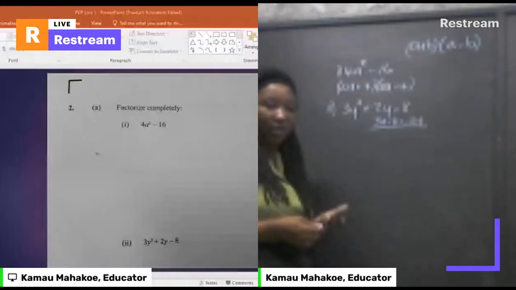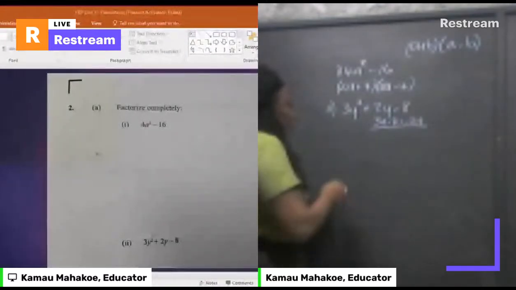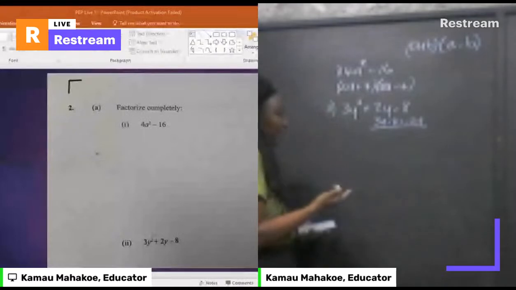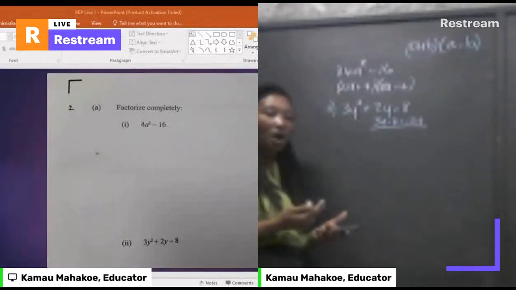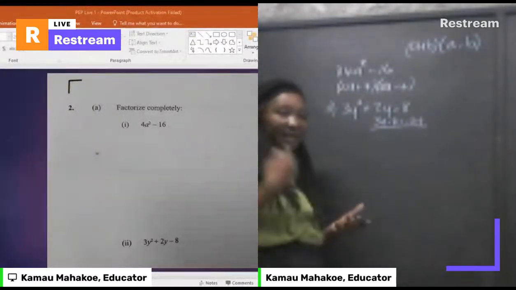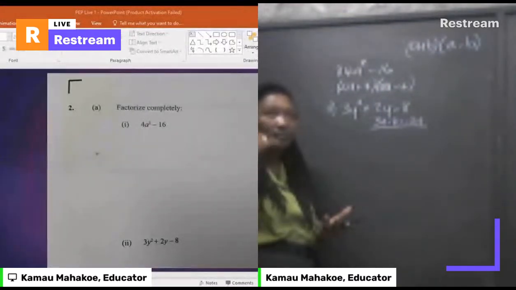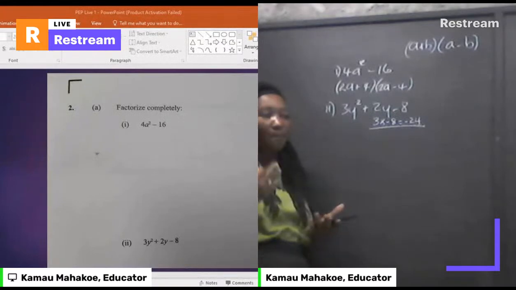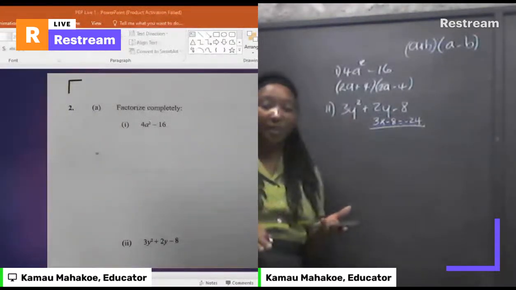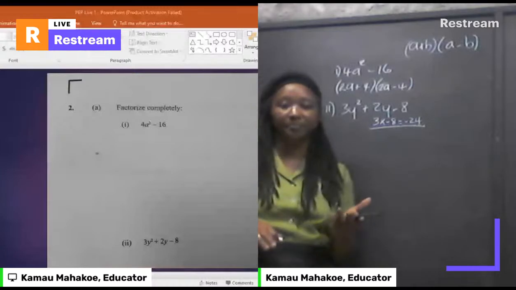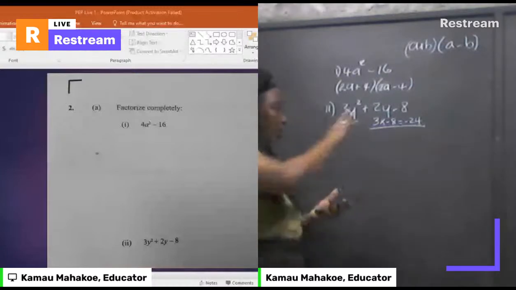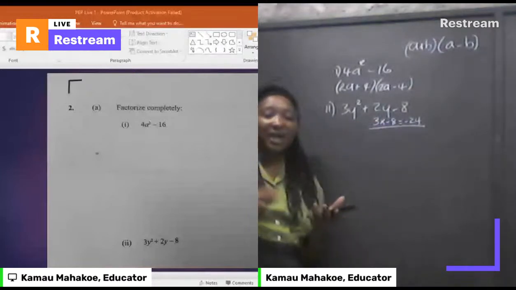We ask ourselves which two numbers multiply to give negative 24 and add to give the middle number, which is 2. We can list out the factors of 24, or if you can think in your head of the factors, you can combine them to see if they add to give a positive 2. Now remember, it's a negative 24, so it's going to have both positive and negative factors.